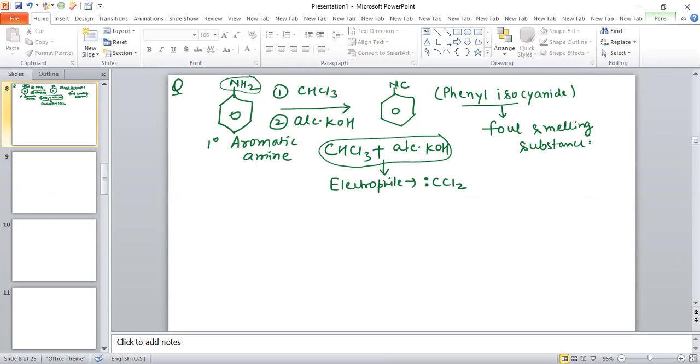Now see some more reactions related to this. Now I am going to discuss the reactions due to acidic hydrogen on the nitrogen atom.